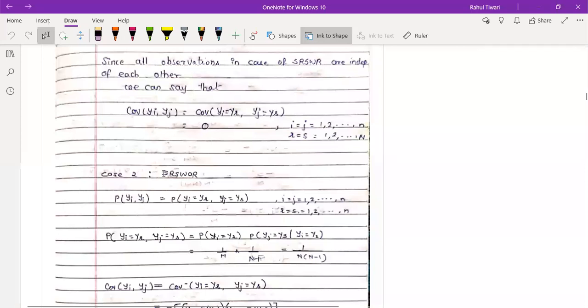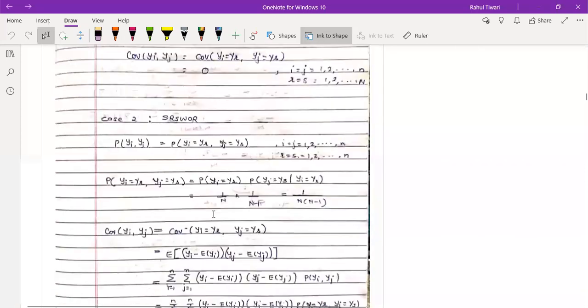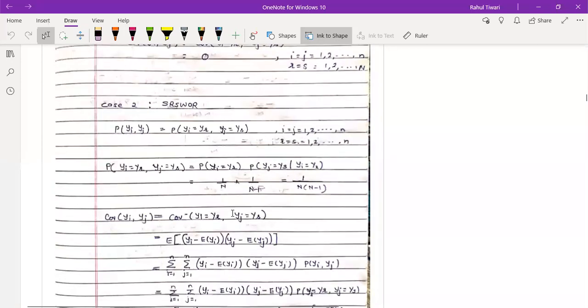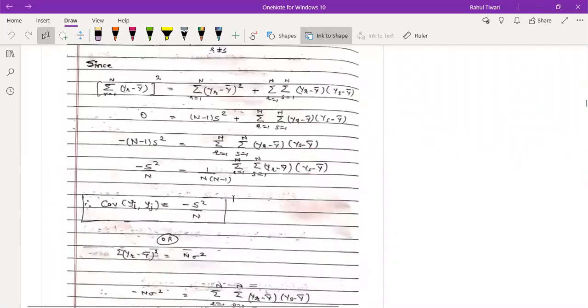Under WOR we have some derivations. Sometimes they will tell you to find the covariance between yi and yj. It is going to be capital S square upon something, and you have to show this quantity. So you should know from where the question is being asked; that is a very important part.